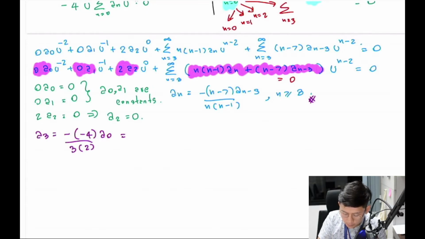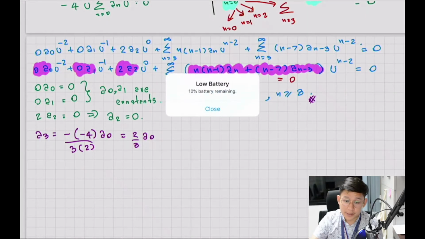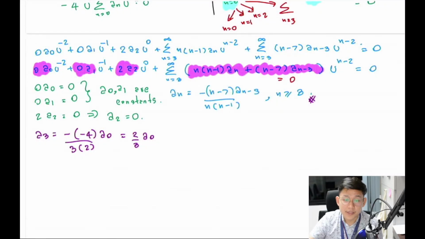That would be 2/3 a0. Oops, a3 is 2/3 a0. After that, we need to write down a4. Let me write it down here.